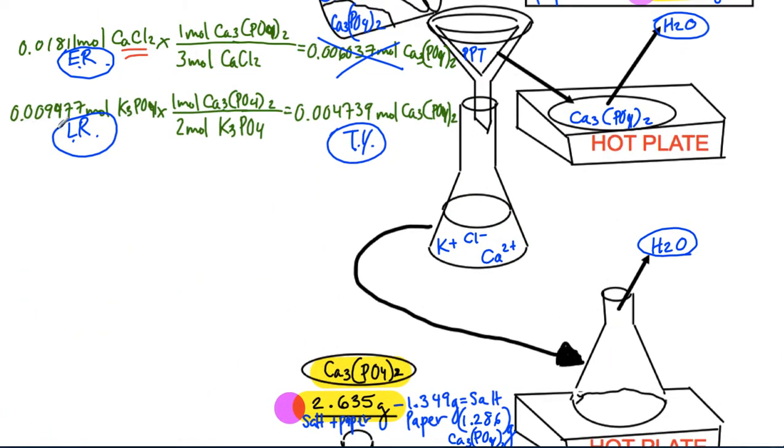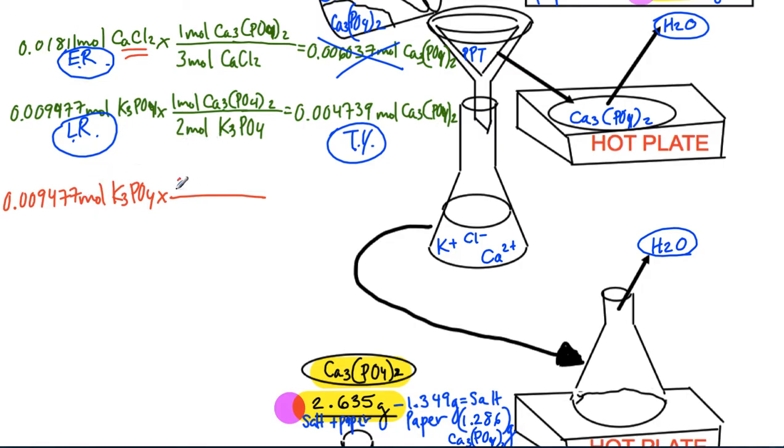So let's take our limiting reactant, which we have moles of, which is 0.009477 moles of K3PO4. Now I multiply this times the balanced reaction, going into KCl.